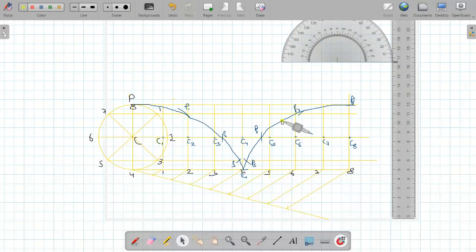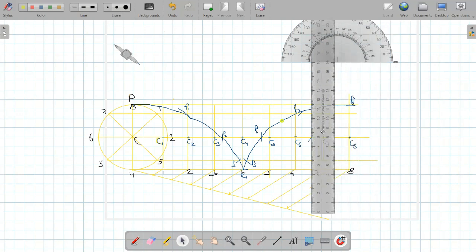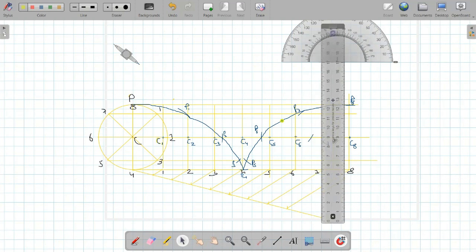Keeping the compass at this particular point, from which you want to make a normal and tangent, make an arc on the center line.